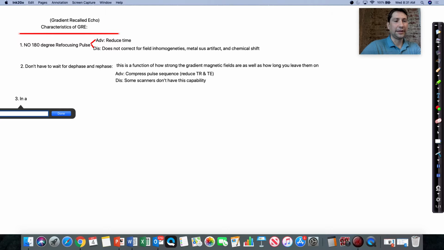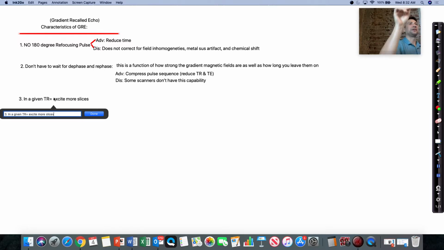Number 3, in a given TR, what's TR stand for? Repetition time. We can actually excite more slices. So if you've worked on a scanner and you've seen that little pop-up box, you've reduced your TR and you're like, ooh, I've reduced it as much as I can.